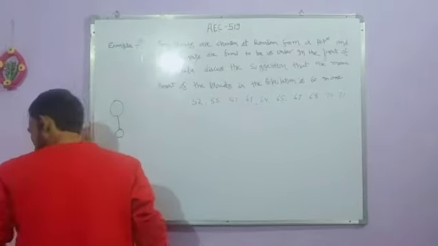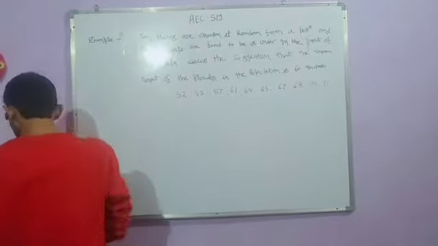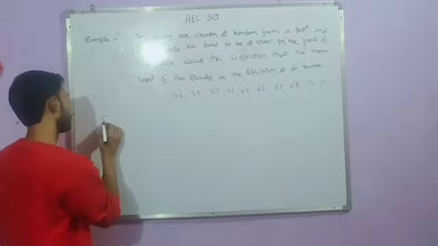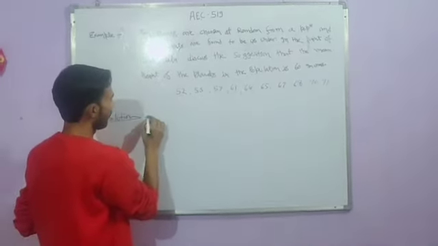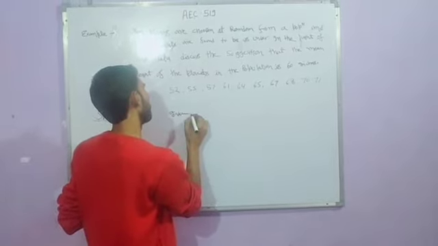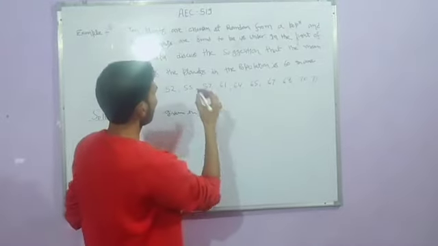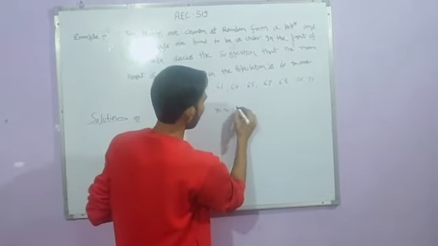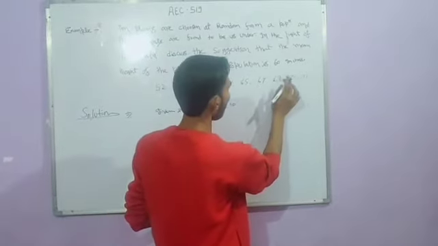Now, how to solve it? Solution. Given: first we see n is 10 (1, 2, 3, 4, 5, 6, 7, 8, 9, 10).